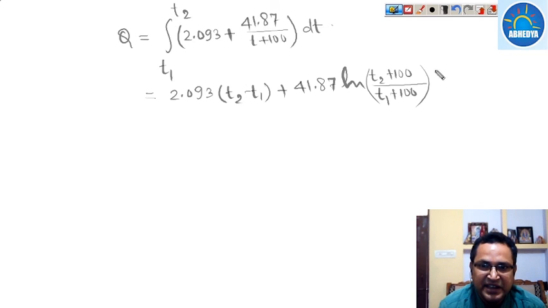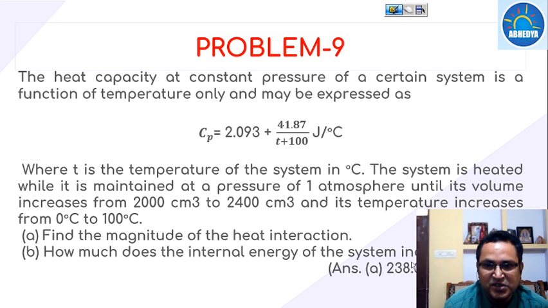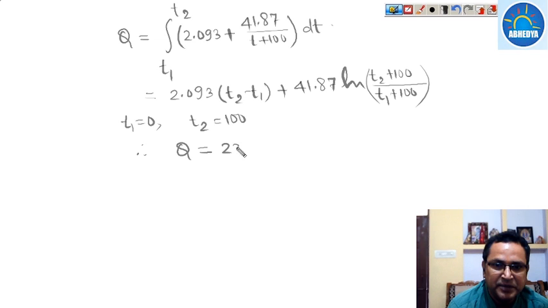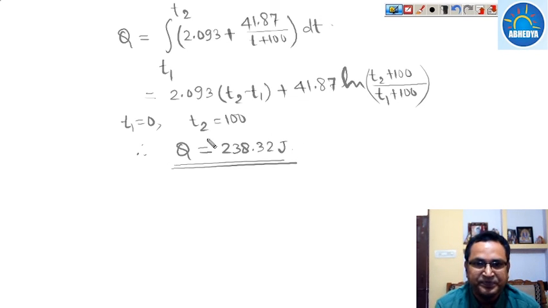So we have integrated it and taken the limits, and now put the values of T1 and T2. When you put T1 equal to 0 and T2 equal to 100, the amount of heat transfer becomes 238.32 joule. This is the amount of heat that has been transferred.